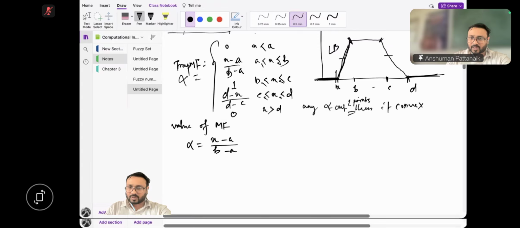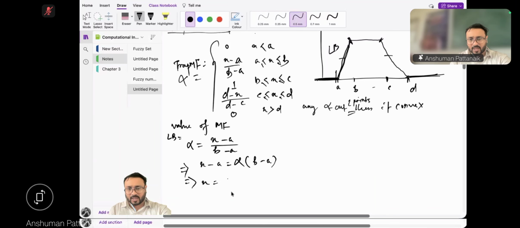If I solve this equation to find x: x minus a equals alpha into (b minus a). Then x equals a plus alpha into (b minus a). This is equation 1.